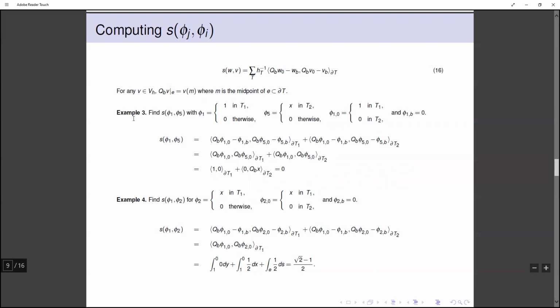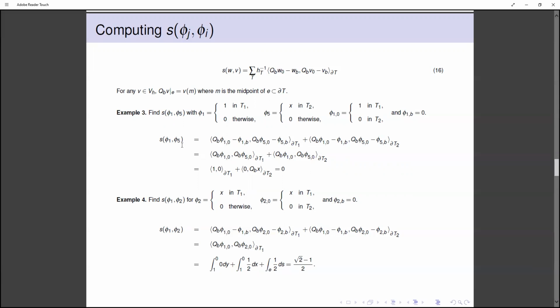Okay, first of all, example 3, we want to find S(phi1, phi5). Recall phi1 equals 1 inside of T1, 0 otherwise. Phi5 equals X inside of T2, and 0 on the boundary of T2 and all other points.